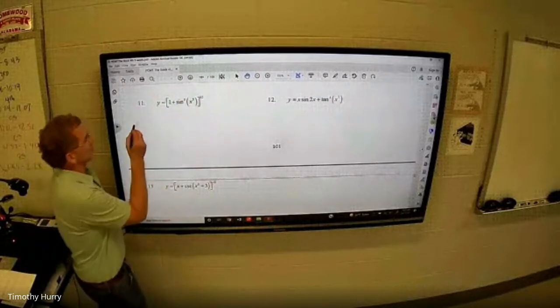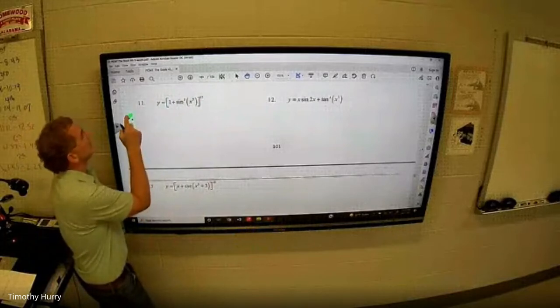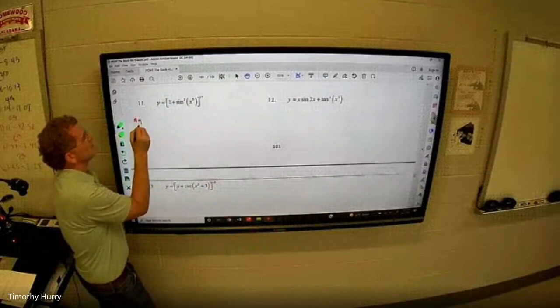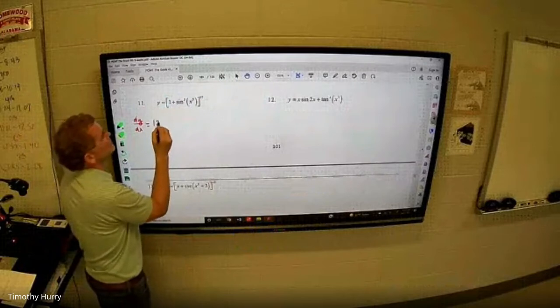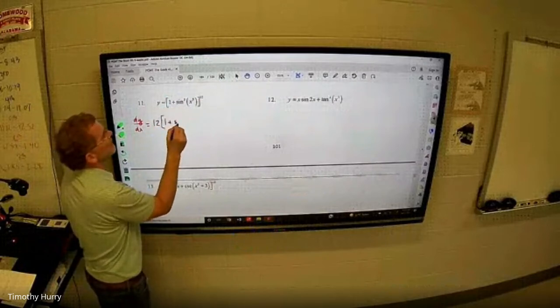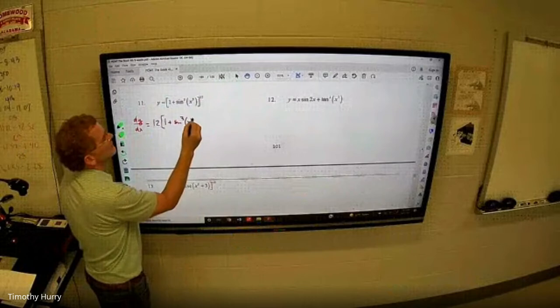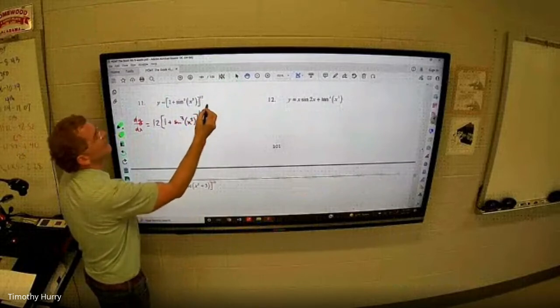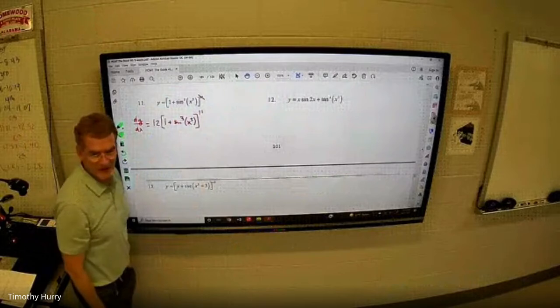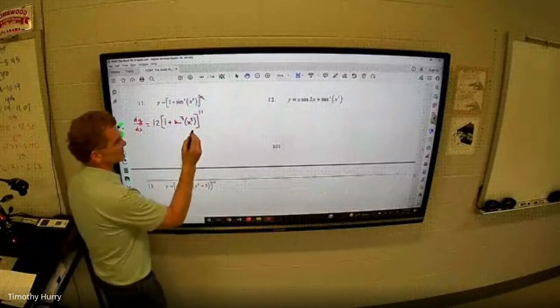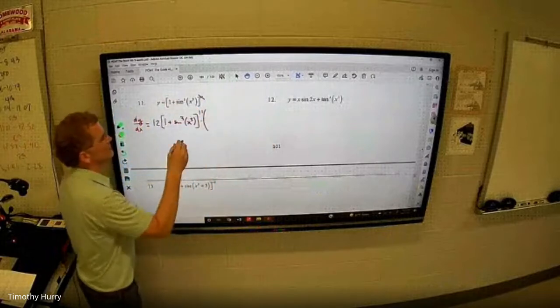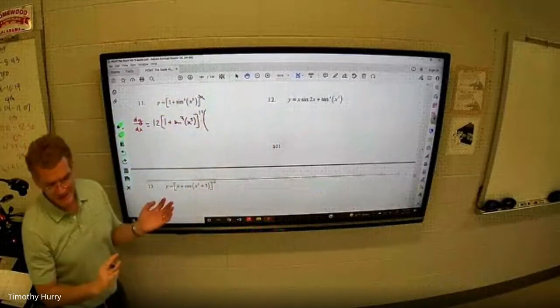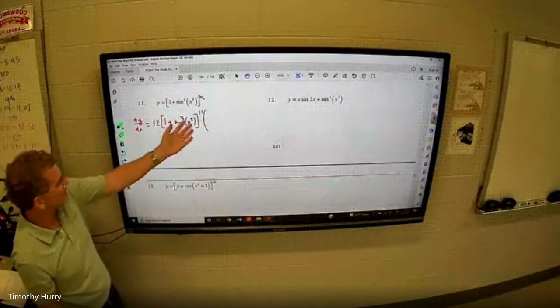So I would look at this and say, all right, to take the derivative of y, just to shake things up, I'm going to d/dx my y, which gives me dy/dx. Then to take the derivative of the right side, I'm going to start with 12 blah to the 11th, and that will take care of the 12, right? Then you move to the inside, bless you. So I'm going to go times the derivative of the inside part. Well, the derivative of the 1 is 0, so I don't have to write anything for that.